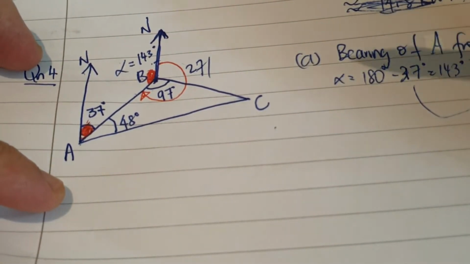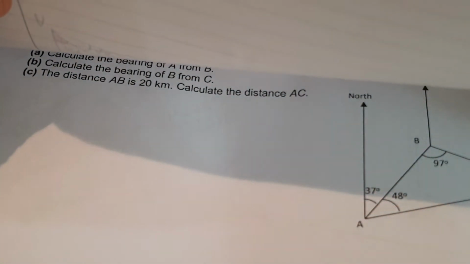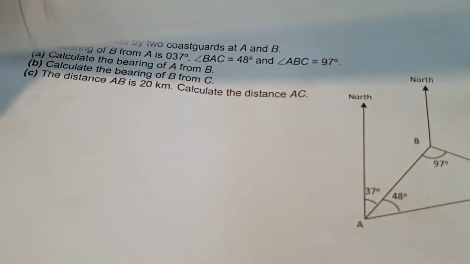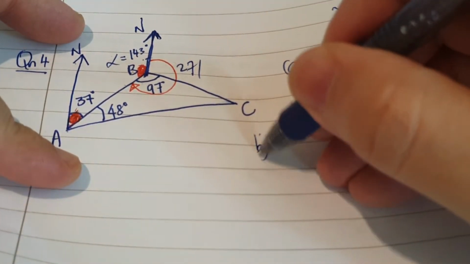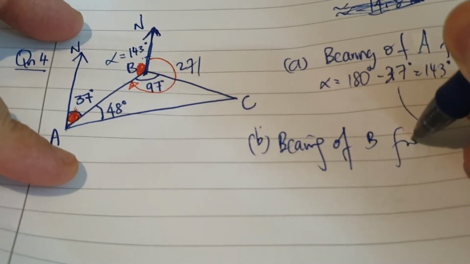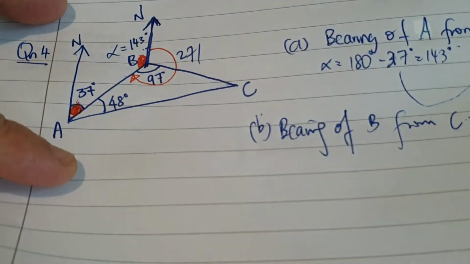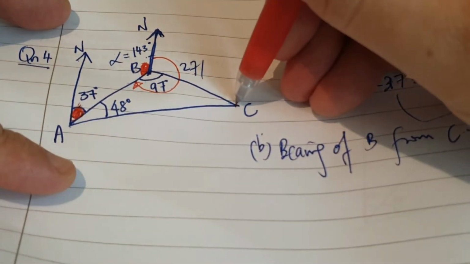Never mind, for now we see what they want us to find for the second part. I forgot to copy the question. They want us to calculate the bearing of B from C. Now, B from C means you are at C. You look north.